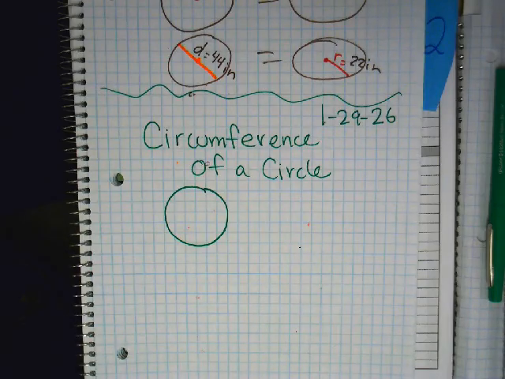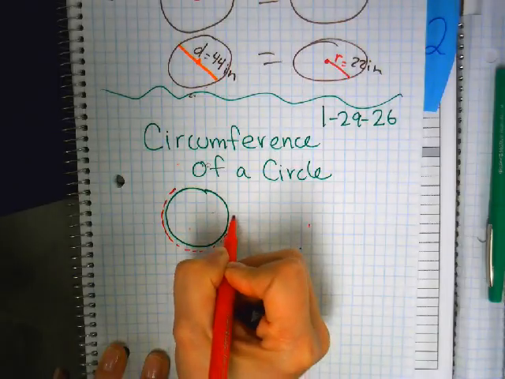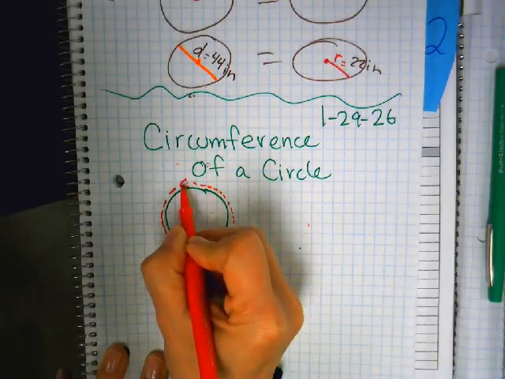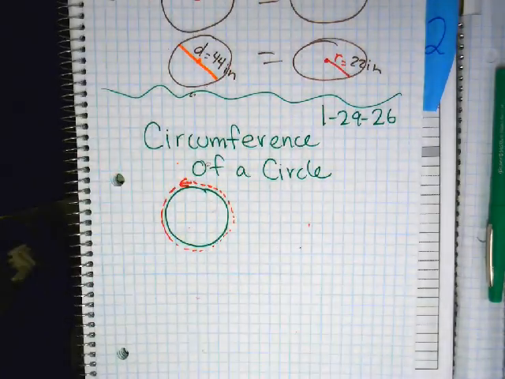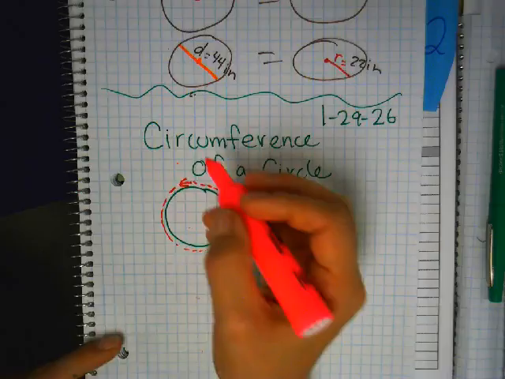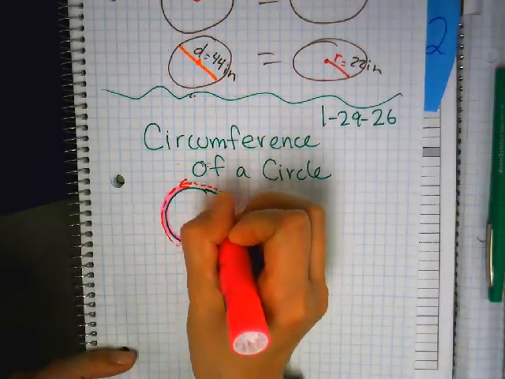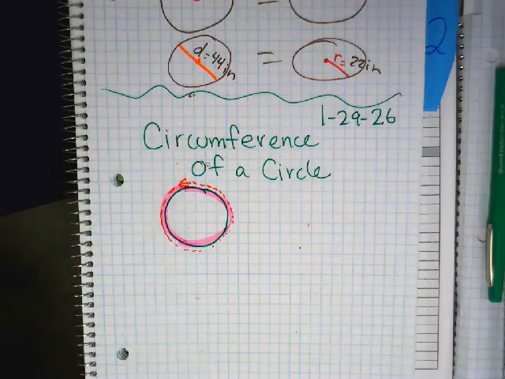Circumference is this part of the circle, all the way around. Let me use a highlighter to highlight it. Circumference is that part of the circle that I just highlighted.